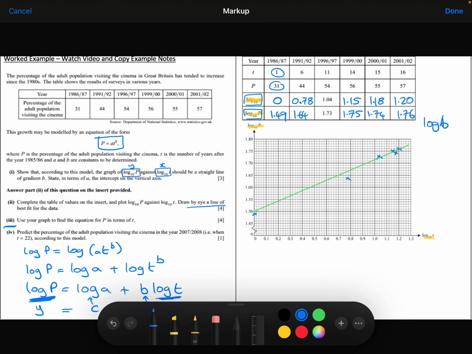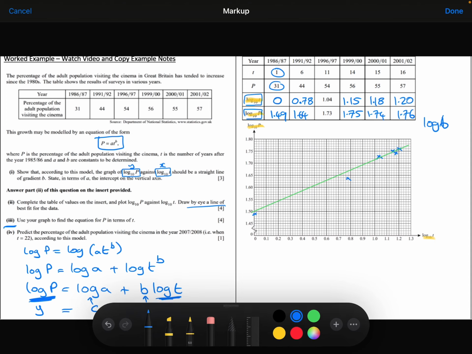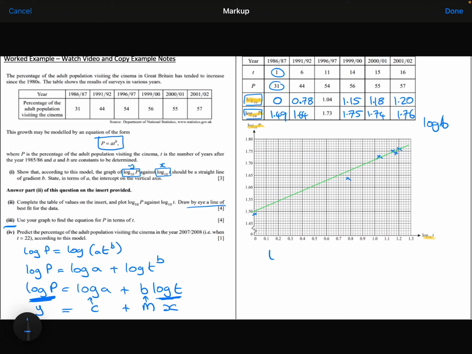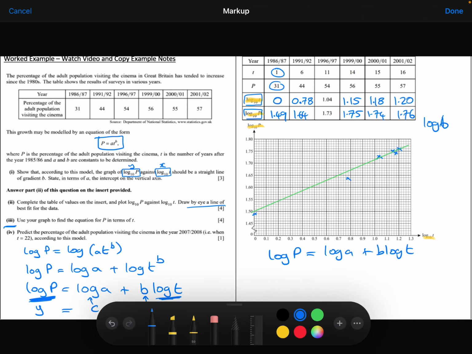Part III. Use the graph to find the equation for P in terms of T. Remember that my graph looks like this. Log P equals log A plus B log T. That came from here, where B was the gradient of my line and log A is the y-intercept.